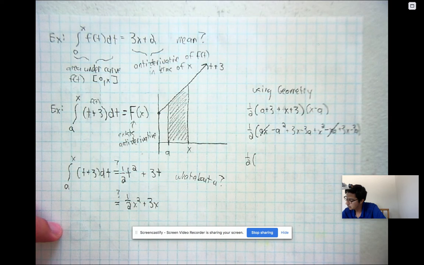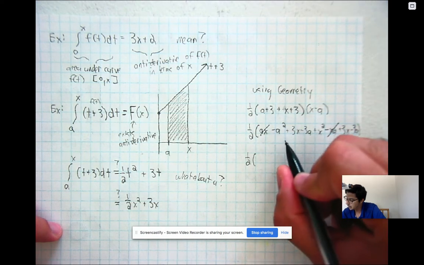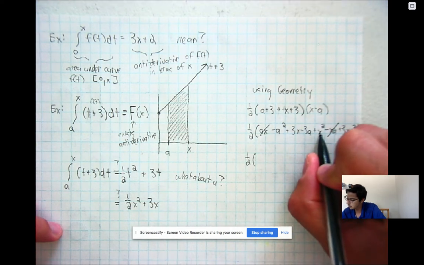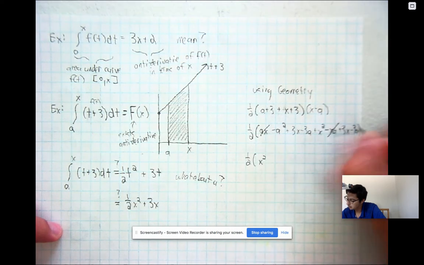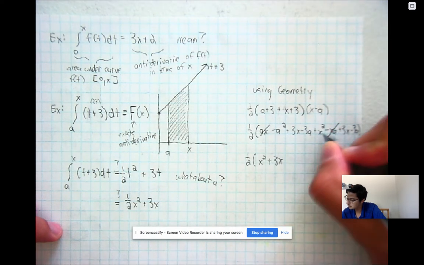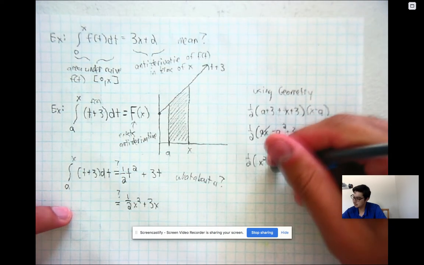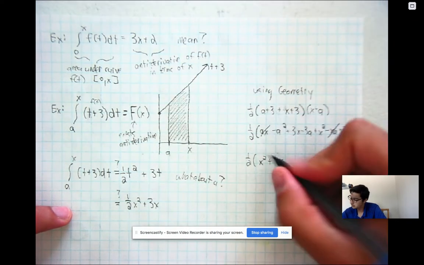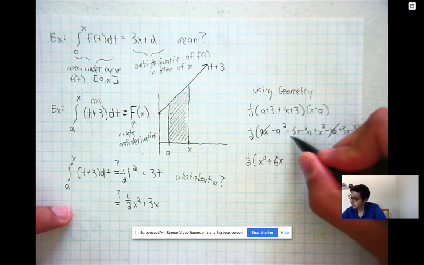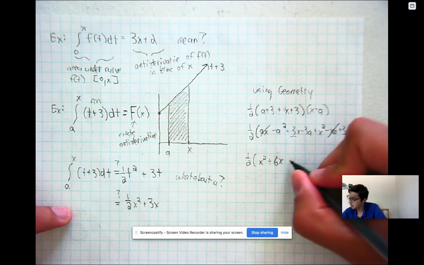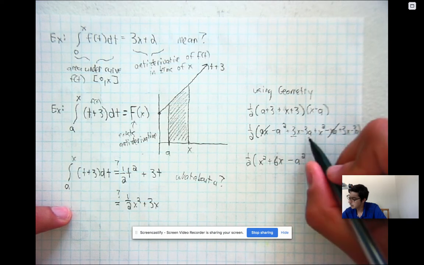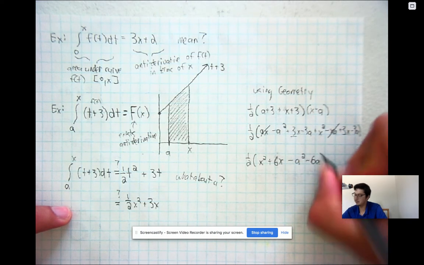And I believe that's it. So what we have here is, I'm going to put the x first. We're going to have x squared plus 3x. Oh, actually, that makes plus 6x, because we can combine our x's. And then we have the a's, which is minus a squared. And then combining those, we have minus 6a.